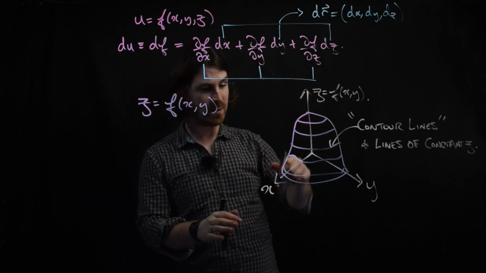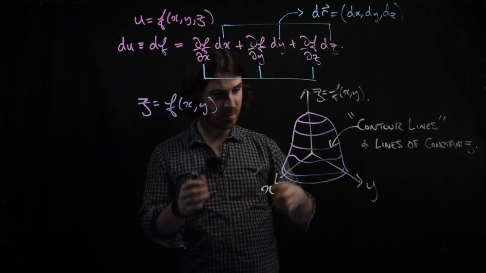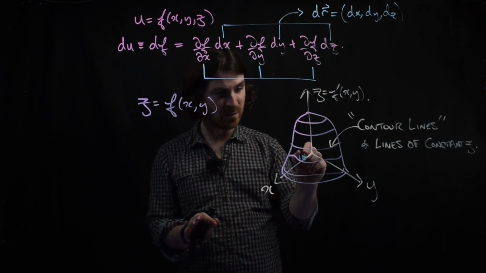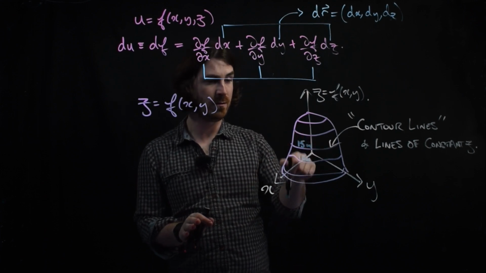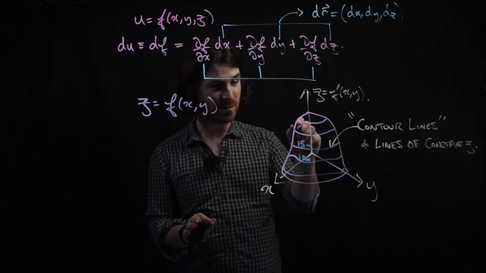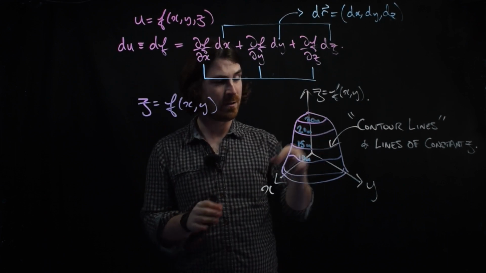So maybe it is the height of a mountain. This line may be z equals 10 meters high. This is 15 meters. It's not a very high mountain. This may be 20 meters. This 30 meters.